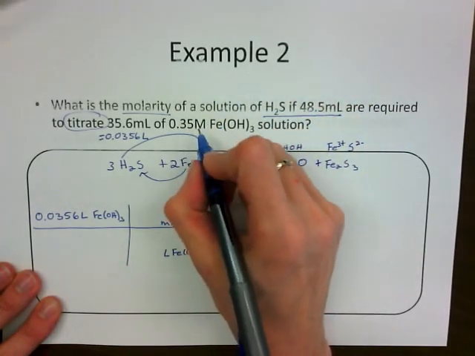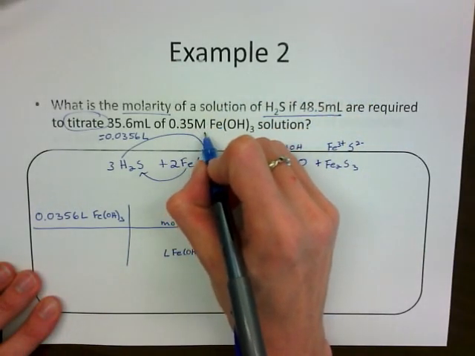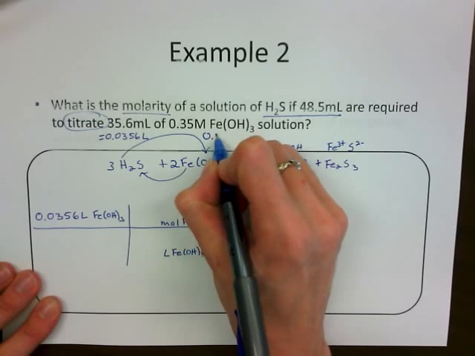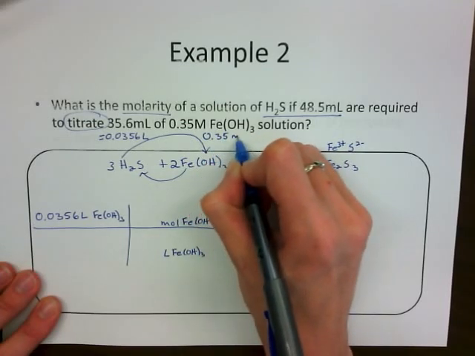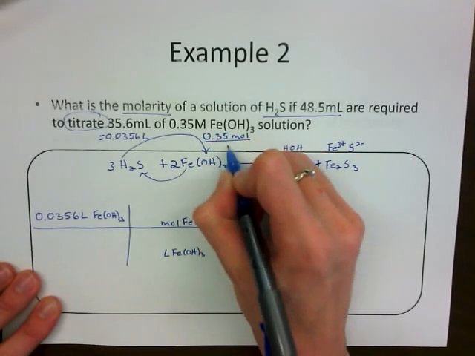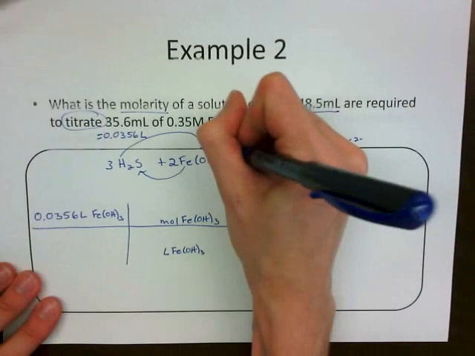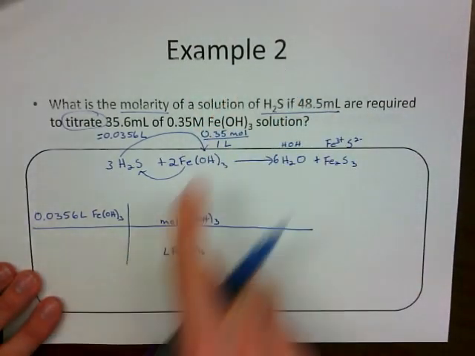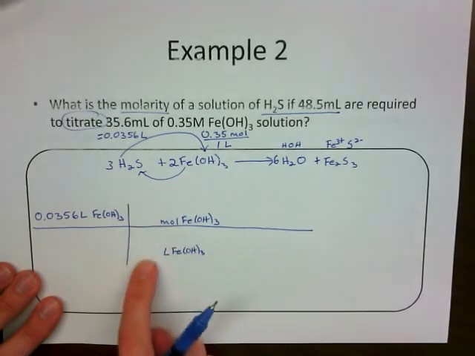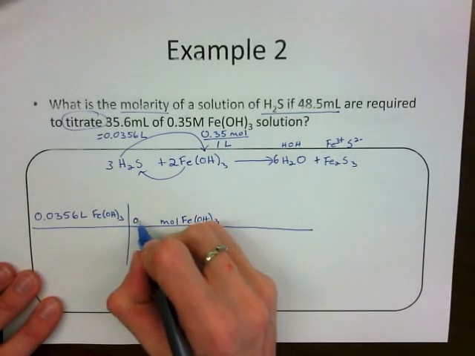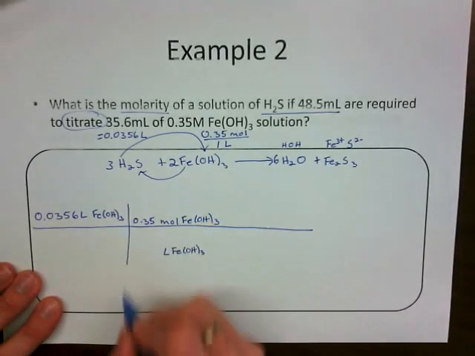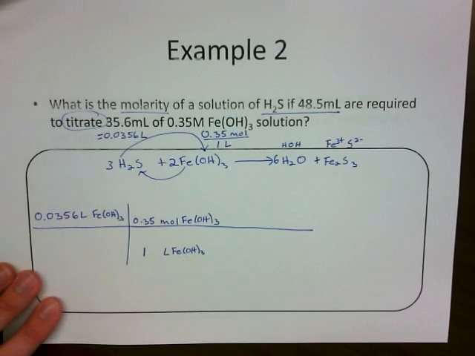If I translate this into moles per liter, I would put 0.35 moles per liter, per 1 liter of solution. So that ratio actually just goes straight down here, 0.35 moles per 1 liter.